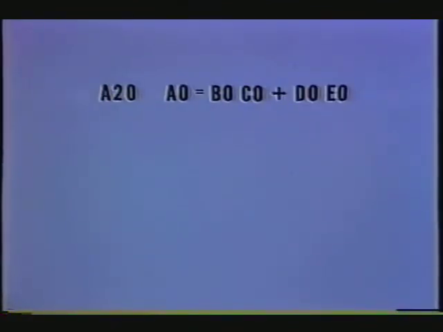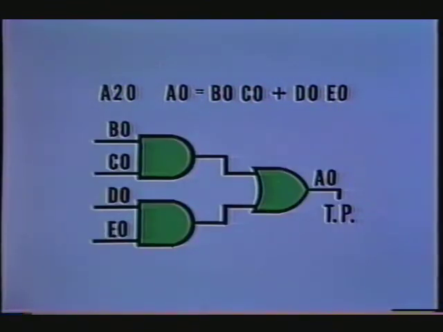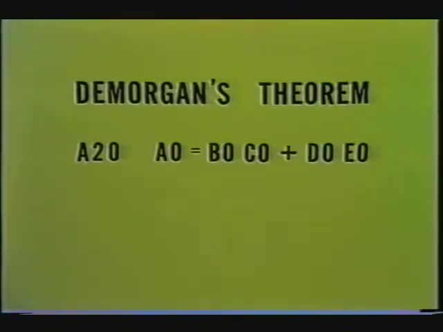The last and most complex Boolean equation associated with the AND gate involves both an AND and an OR function. The example shown is A0 equals B0 and C0 or D0 and E0. If OR gates were available, the logical solution to that equation would be rather simple: two AND gates feeding an OR gate. Without an OR gate, De Morgan's theorem must be used.